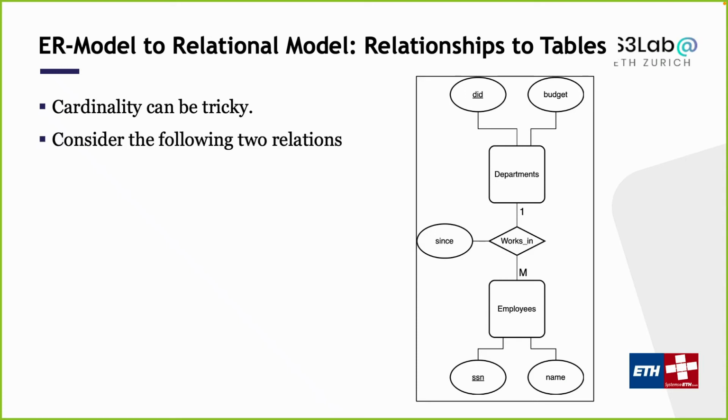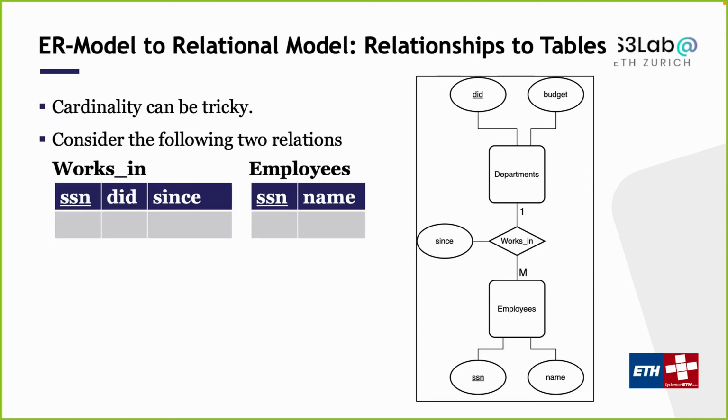Now let's consider these two relations. We first do the translation of employee. Now we have this employees relation. The primary key is SSN, that's the primary key of the employees, and then we have the attribute name. And when we do the translation of works in, I think we all agree it should look like this.